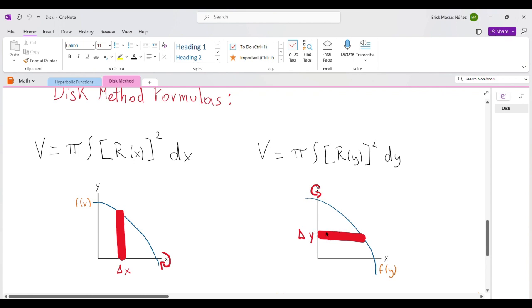Same thing over here for the y axis, which is revolving around it, but this time it is horizontal. Here we have a vertical, but here horizontal because it's with the y. So you have to memorize that: y will be horizontal and x will be vertical.